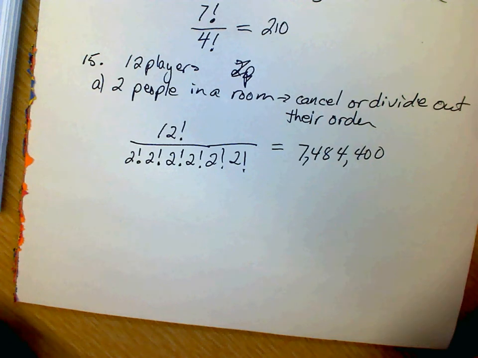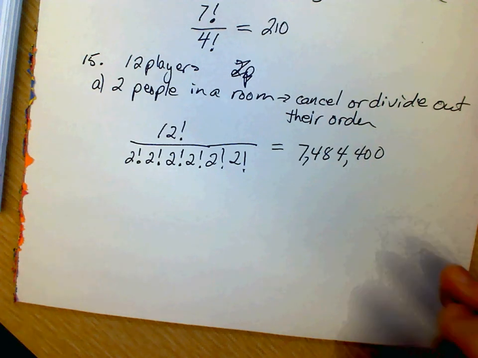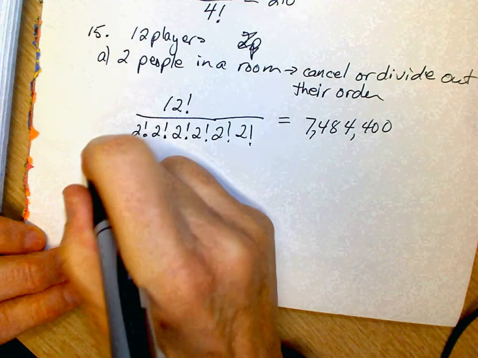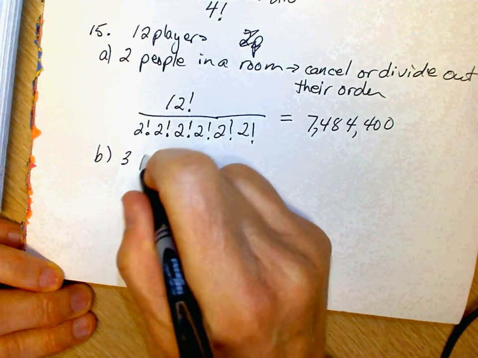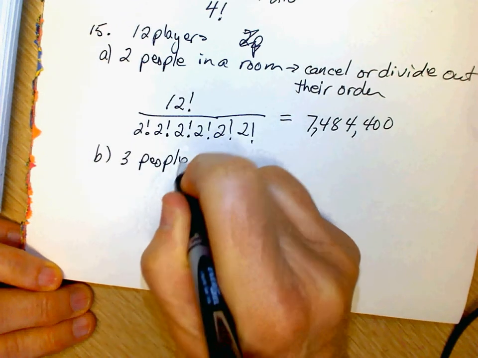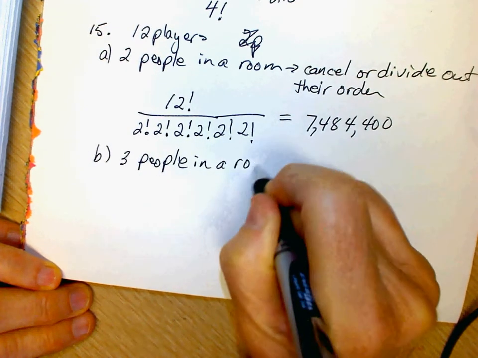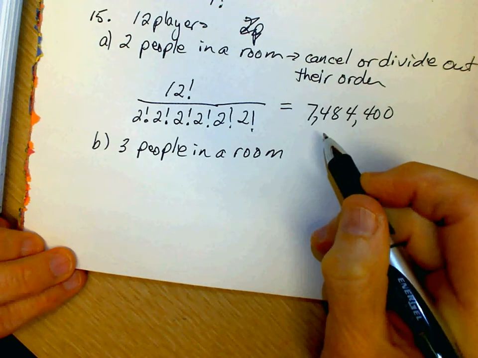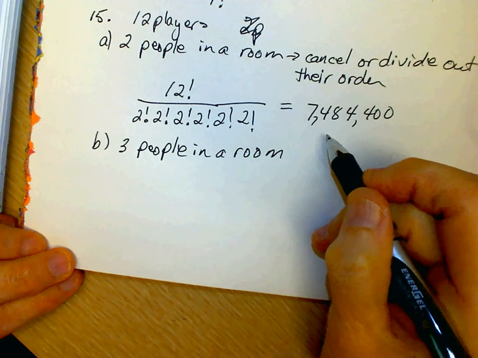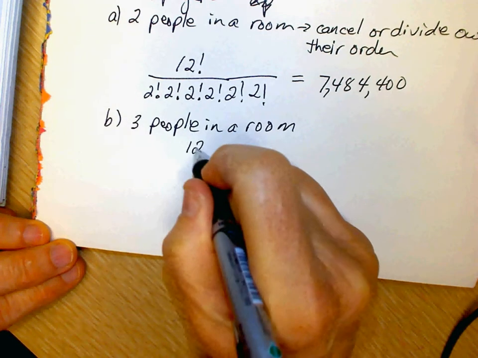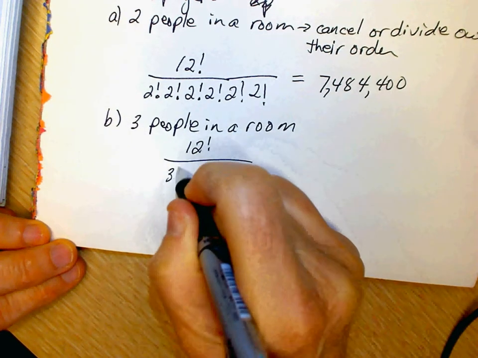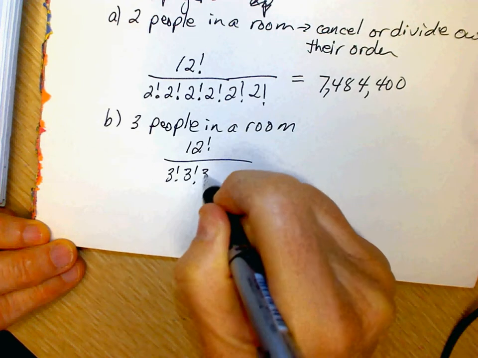Yeah. Okay. Now, if there are now 3 people in a room, I don't care about their order either, right? I don't care about what order they go into a room. So it's 12 factorial over 3 factorial, 3 factorial, 3 factorial, 3 factorial.